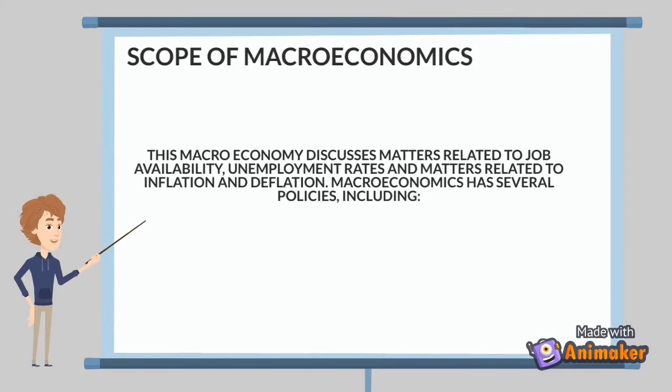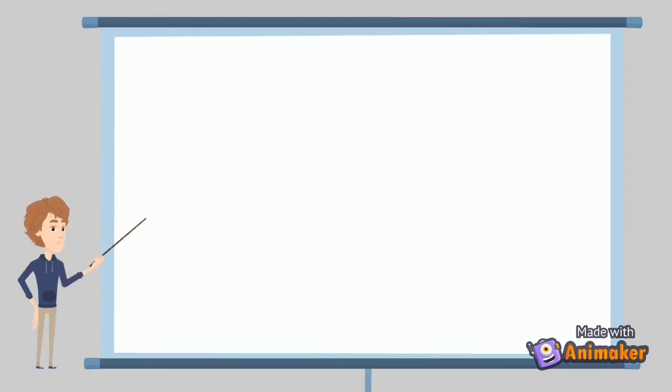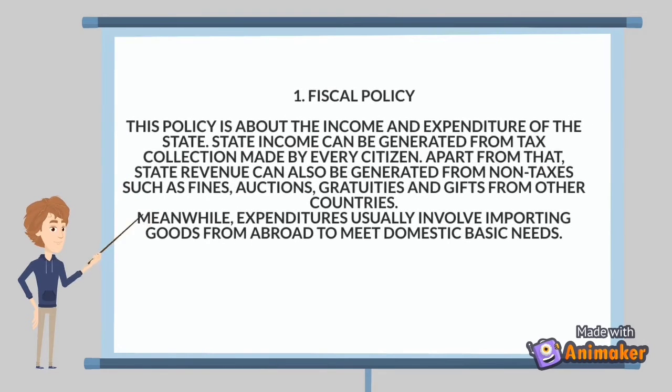Scope of macroeconomics. Macroeconomics discusses matters related to job availability, unemployment rates, and matters related to inflation and deflation. Macroeconomics has several policies, including fiscal policy. This policy is about the income and expenditure of the state.